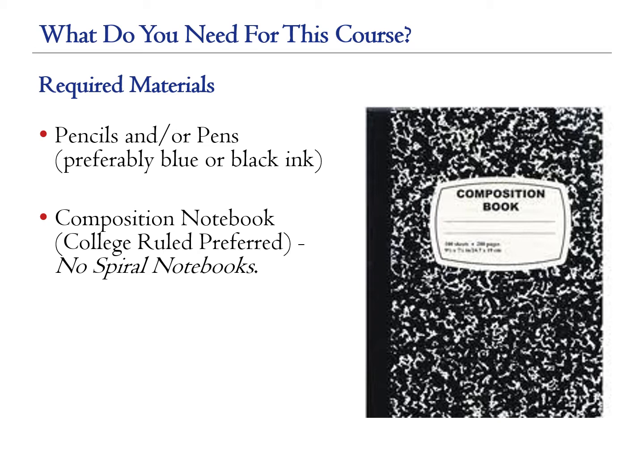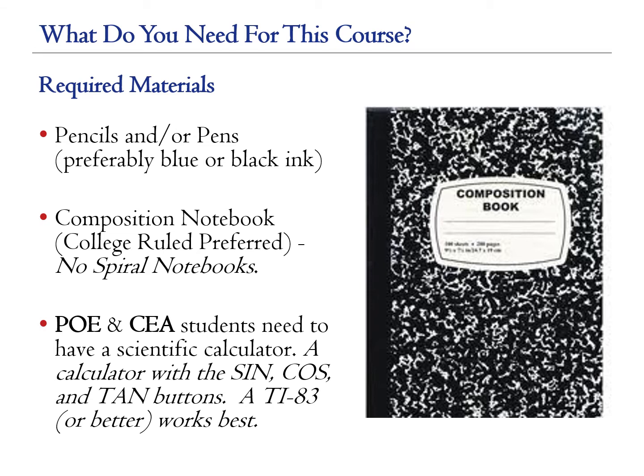Please do not use spiral notebooks in my class. Within the first couple weeks of class, we will discuss why we use composition notebooks. Notice that composition notebooks are notebooks that are bound on the left side. POE and CEA students will need to have a scientific calculator. That is a calculator that has the sine, cosine, and tangent buttons. A TI-83 works the best, but they are not required.